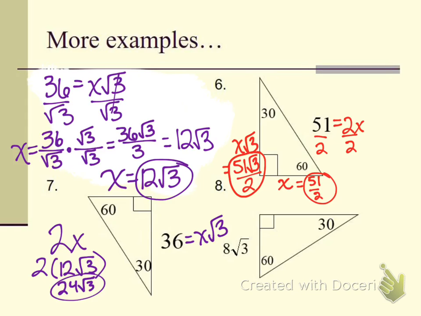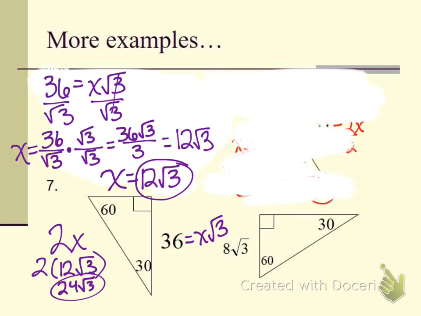All right, I am going to erase 6 so that we have a little room for 8. Number 8, the side across from the 30-degree angle should be labeled with what based on our diagram? An X. So we can set up an equation on that one.